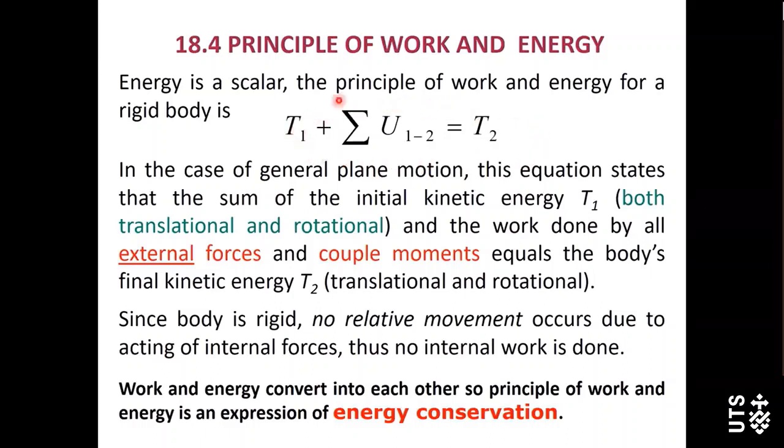This equation tells us in a process from an initial position to final position, the initial kinetic energy T1 plus the work done by all external forces must be equal to this rigid body's final kinetic energy T2.